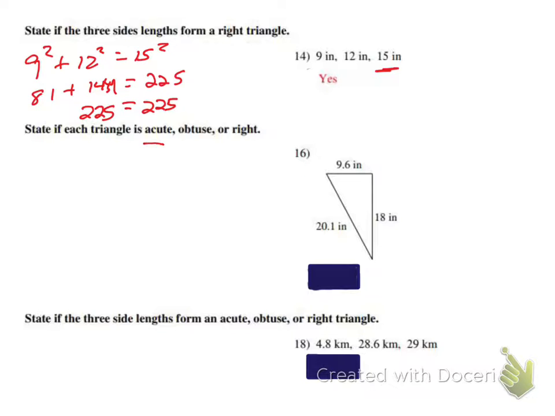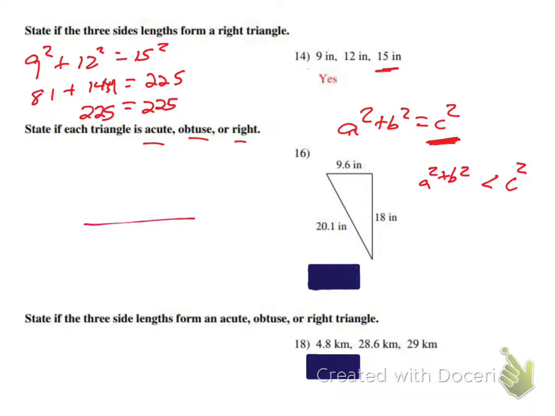All right, acute, obtuse, or right. So in our a squared plus b squared equals c squared, this all depends on what you get for c squared. If c squared is greater than a squared plus b squared, it is obtuse, right?